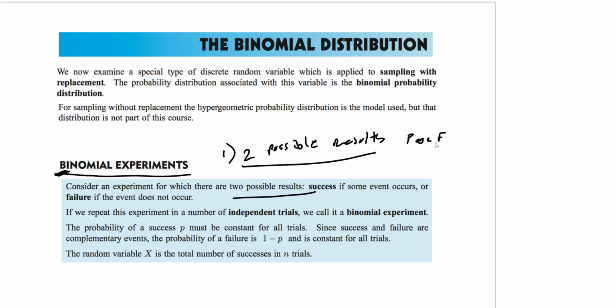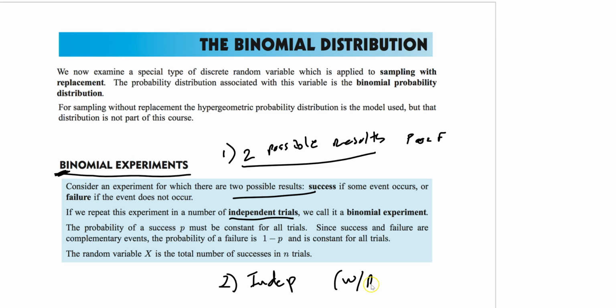That's the first thing. Second, it has to be independent. When I was talking about the bag of marbles, it has to be with replacement. It can't be without replacement. Some things are automatically independent, like rolling a die or flipping a coin, where the odds never change. But with other things, it has to be with replacement.